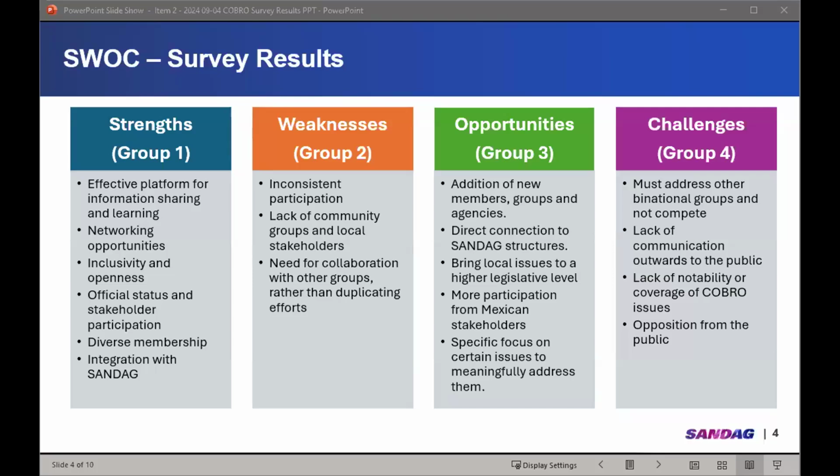My comment for consideration is how COBRO overlaps or does not overlap with the other working groups. I haven't attended all working group meetings. I know there's a mobility working group, a special needs transportation working group, and a variety of others.